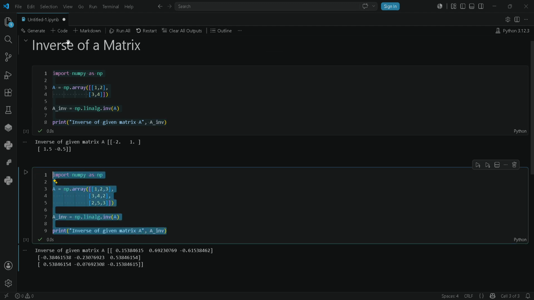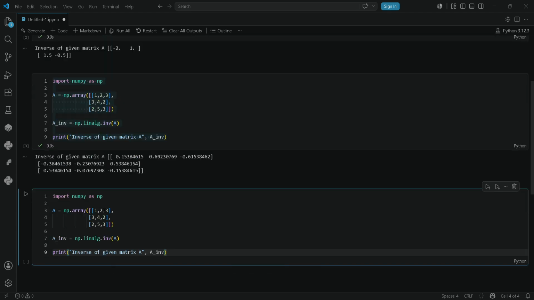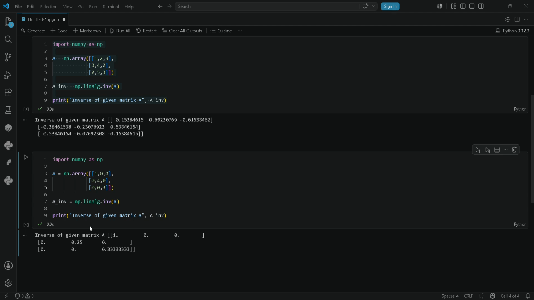And we know that the inverse of a diagonal matrix is the matrix whose elements are one divided by the elements of that matrix. So this is the inverse of a diagonal matrix.